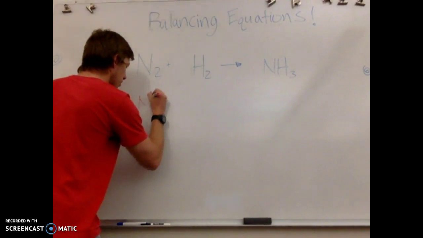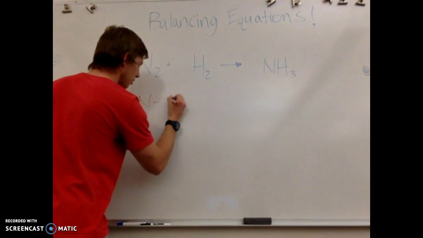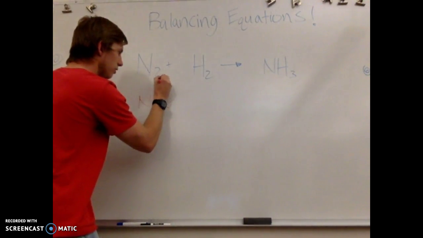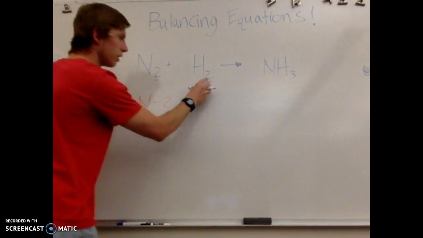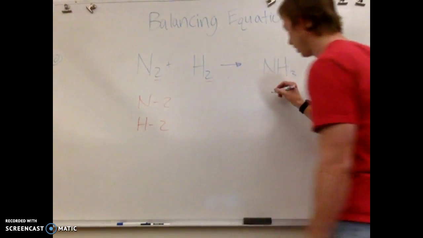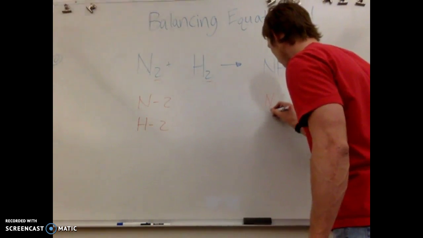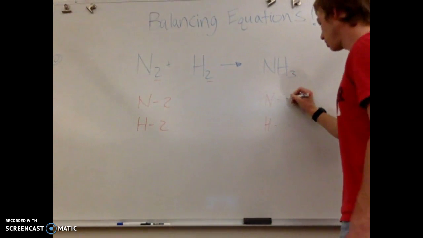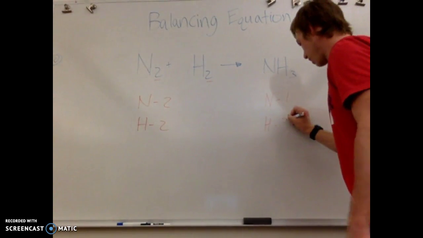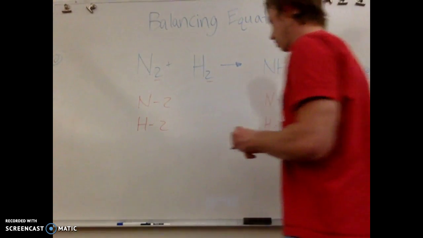I'll start by counting the N's. We got 2 N's here, and H, we have 2 here. And on this side, in the same order, we have only 1 nitrogen, and we have 3 hydrogens.